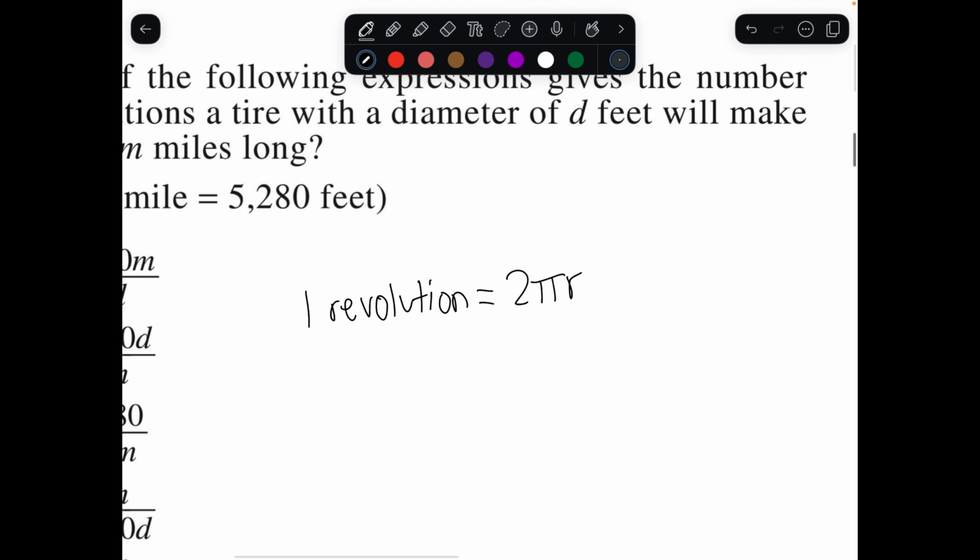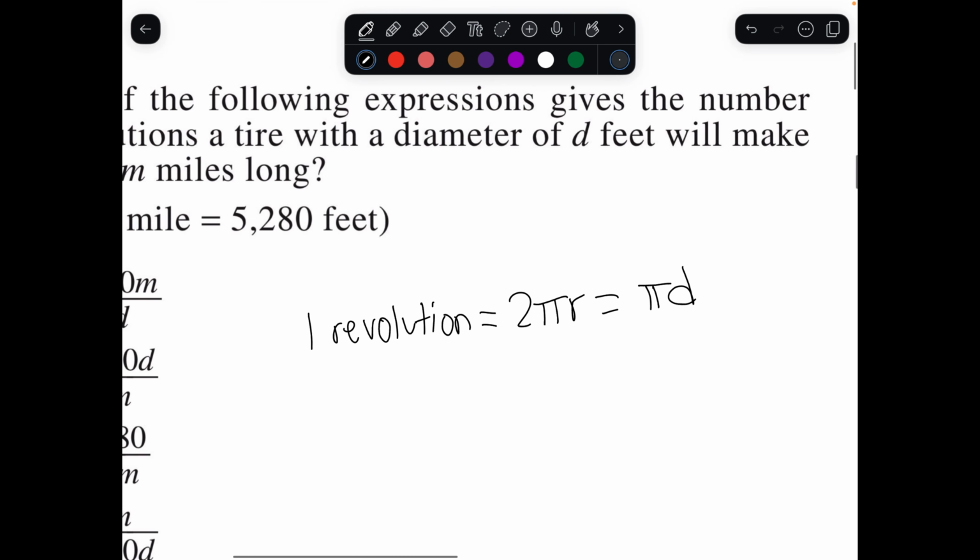And remember, the radius times 2 equals the diameter, so it's really pi times d. So one revolution equals pi times d. When a tire has one full turn, it covers a distance of pi d, which is one revolution.